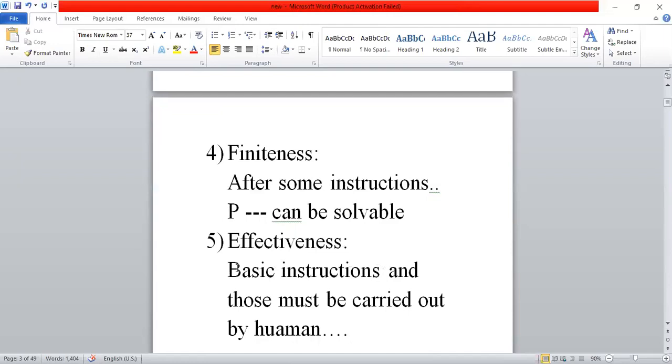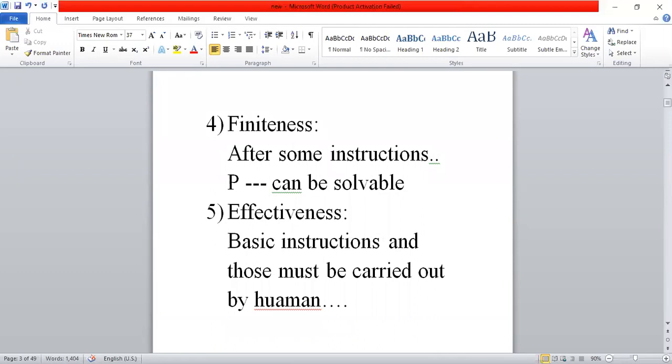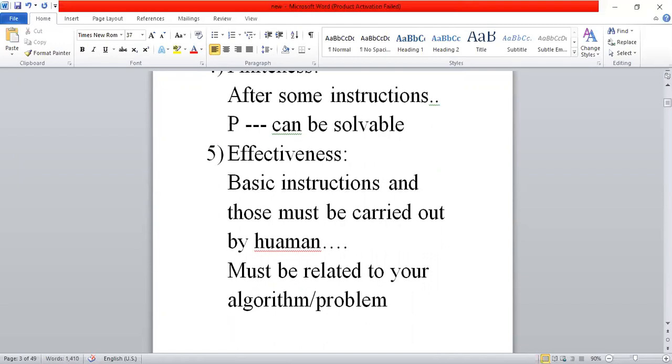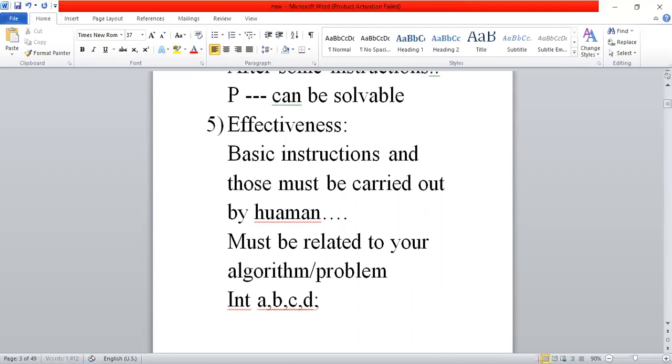So whatever instructions you write must be basic, and you also need to remember they must be related to your algorithm or problem. Otherwise, those statements are wasteful. Suppose you want to add two numbers, but you declare A, B, C, D, while we are actually involving only C equal to A plus B in our procedure.